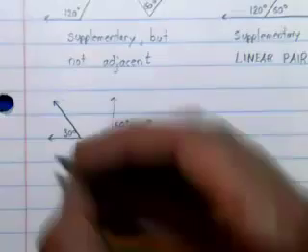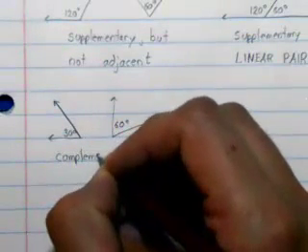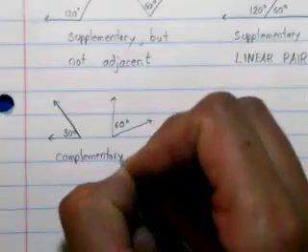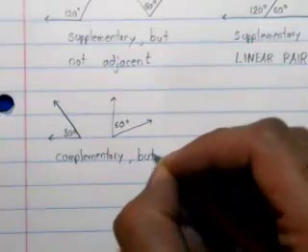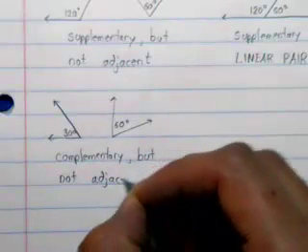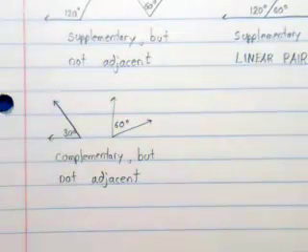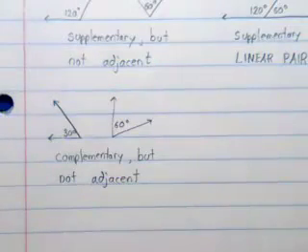So they are complementary, but not adjacent. So, make them adjacent. When I made supplementary angles adjacent, I made a straight line. What am I going to make if I do complementary angles and make them adjacent?